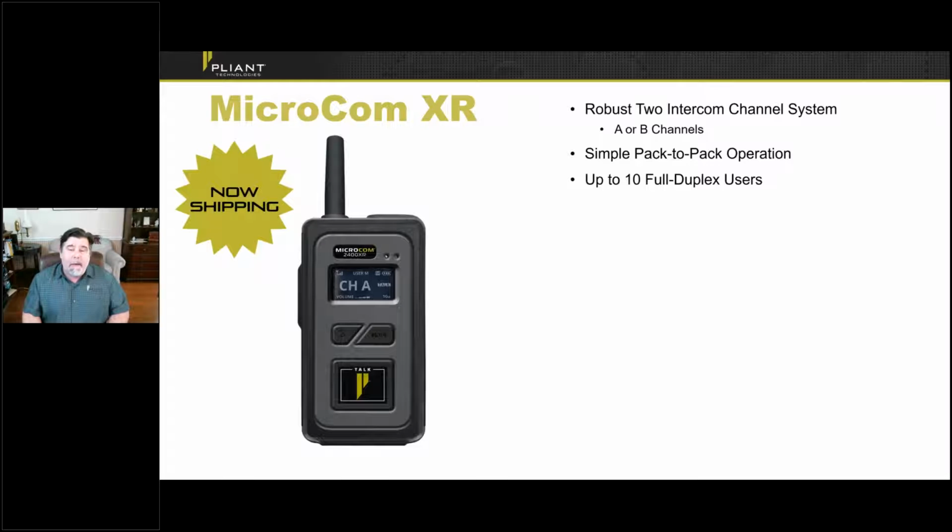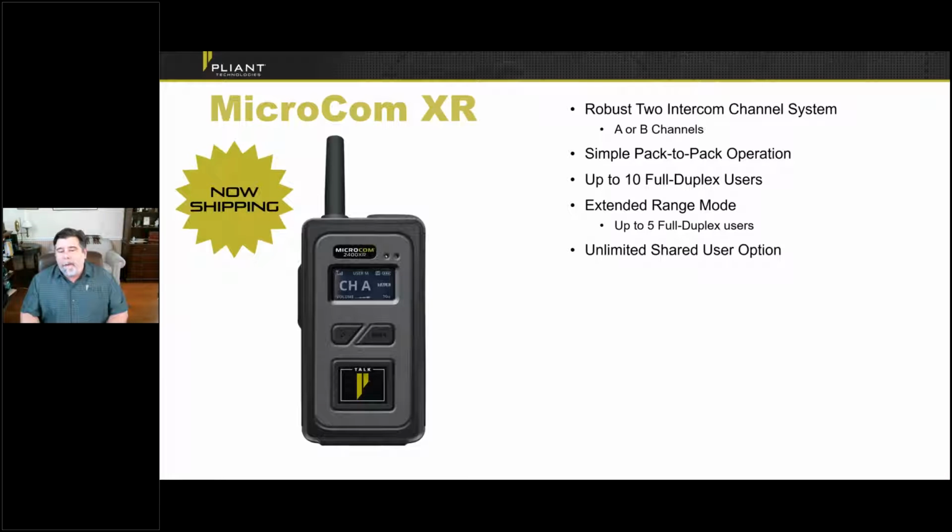This will give you up to 10 full duplex users in standard range operation. And then as you go to extended range operation, you'll get up to 5 duplex users, along with all of the listen-only folks, as well as the shared mode, which I'll talk about shortly.